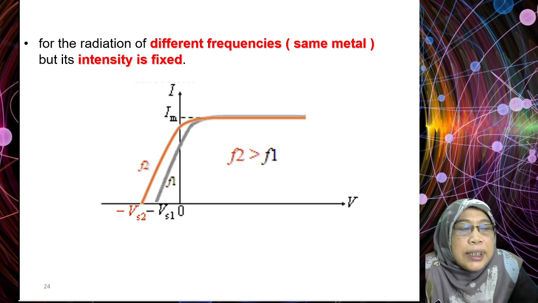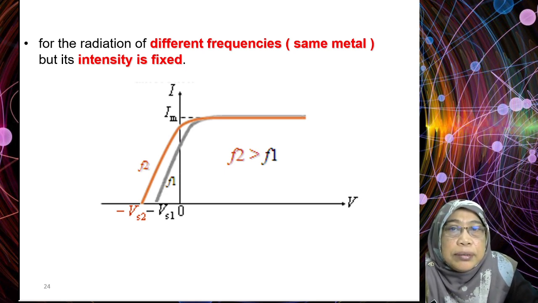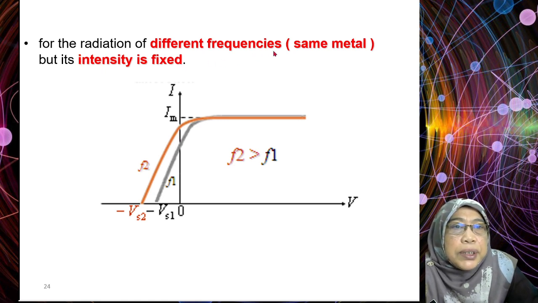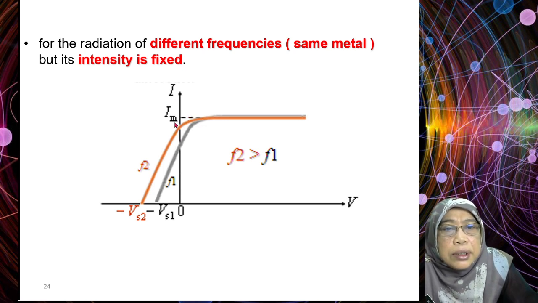Intensity here refers to more photons per second coming to the metal target. For radiation of different frequency, let's say you have incoming photons of different frequency, but using the same metal and the intensity is fixed. When you fix the intensity, the saturated current or maximum current is still at the same point here.